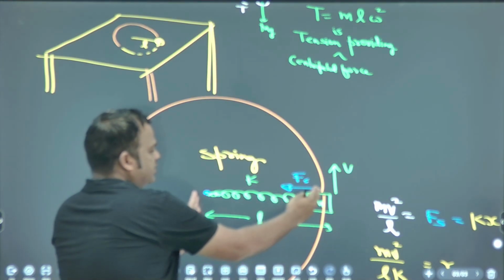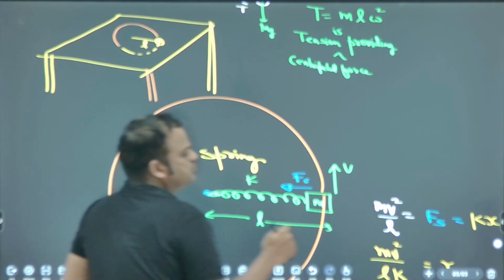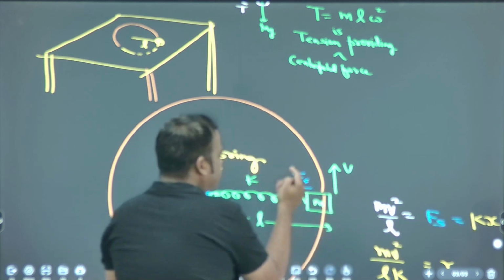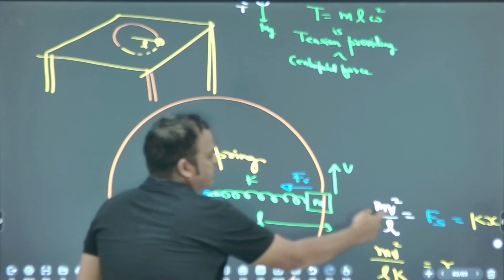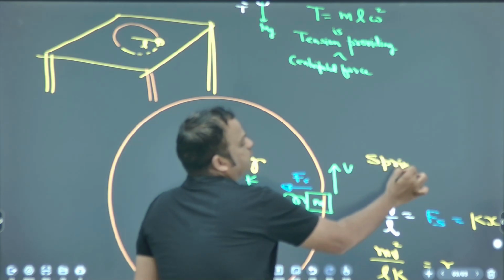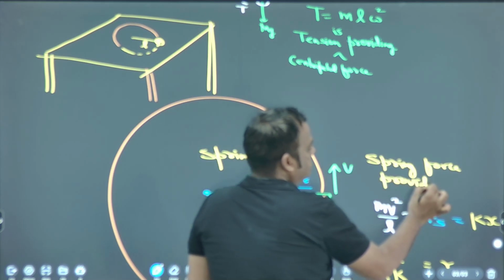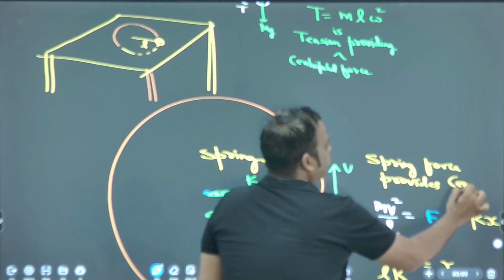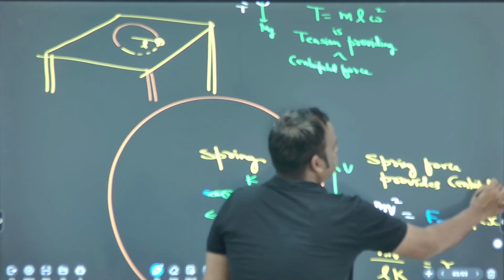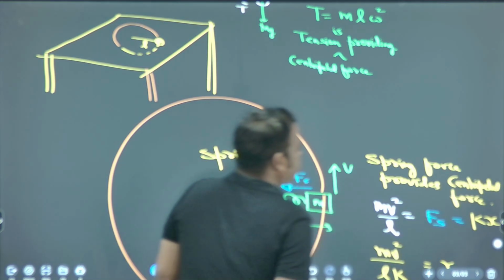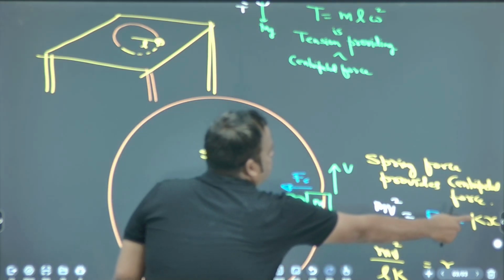So kx is acting towards center, and that kx is providing centripetal force. Okay, so spring force provides centripetal force. So one numerical you write down. mv square by l is equal to kx.